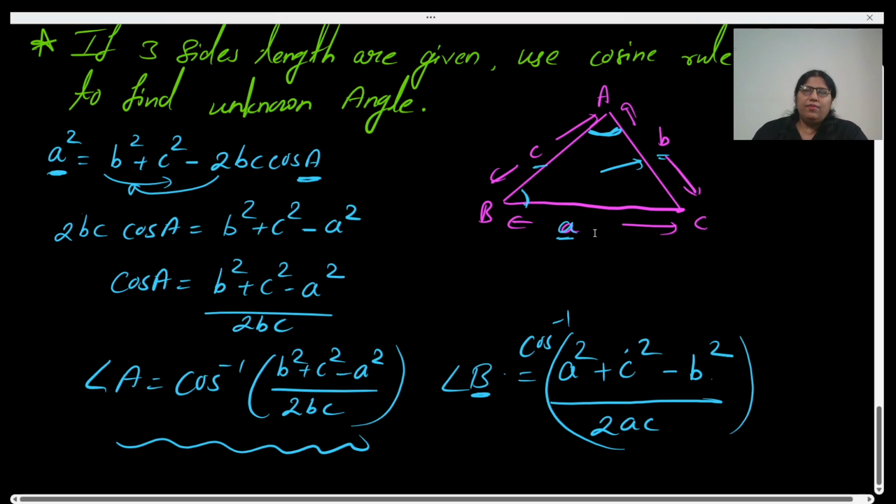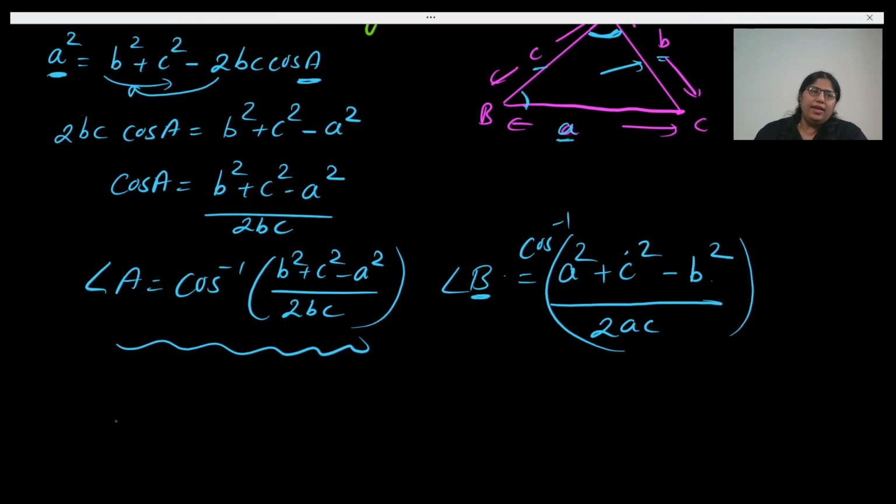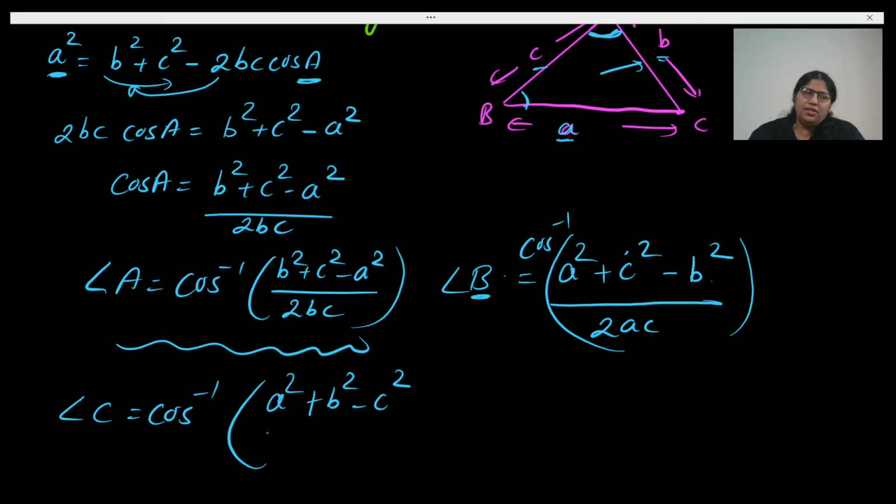Similarly, angle C, if you transpose, you'll get the same thing. Angle C will be cos inverse. Now, opposite to angle C, it's small c, which is included between a and b. So, a square plus b square minus c square by 2ab. So this is the cosine rule formula to find out any unknown.